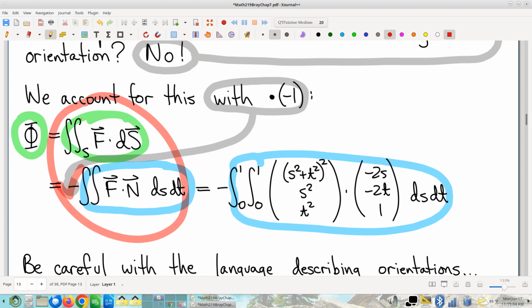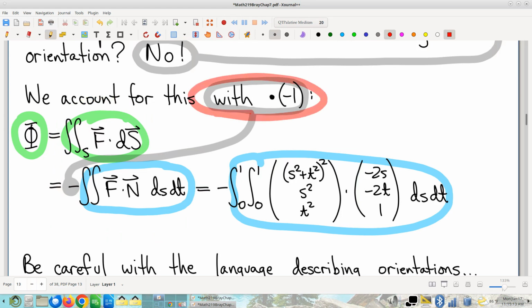Does that make sense? So here's what a lot of students will do wrong. In some form or another, students will insert their minus sign, let's say here, but not have a minus sign over there. This is a problem.